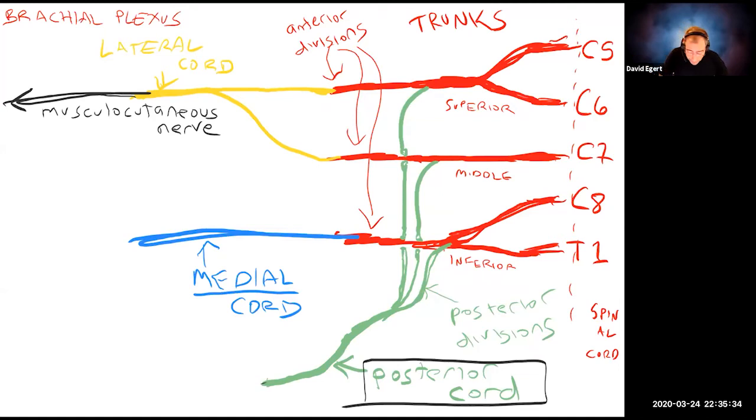So musculocutaneous nerve is going to do what kind of muscles? What flexor muscles do you have in your upper arm here? Flexor muscles. I have biceps brachii. Right, like biceps brachii. What's another important flexor muscle up there? Brachialis. Brachialis. Yeah, exactly.